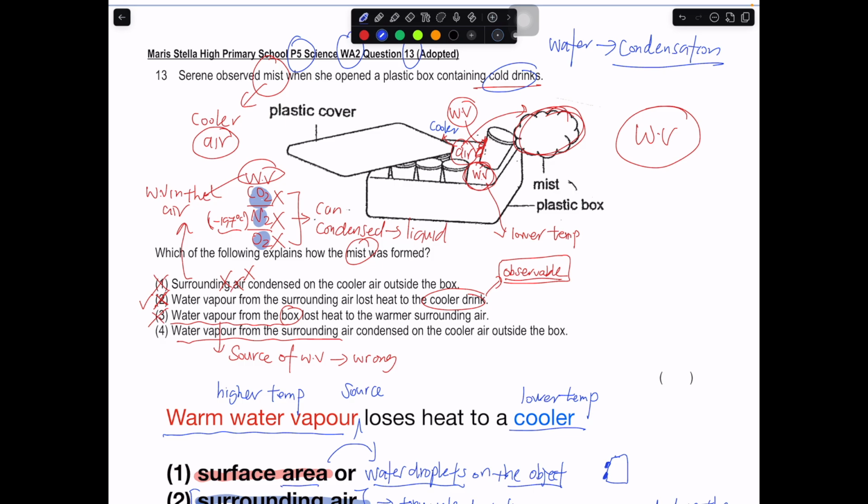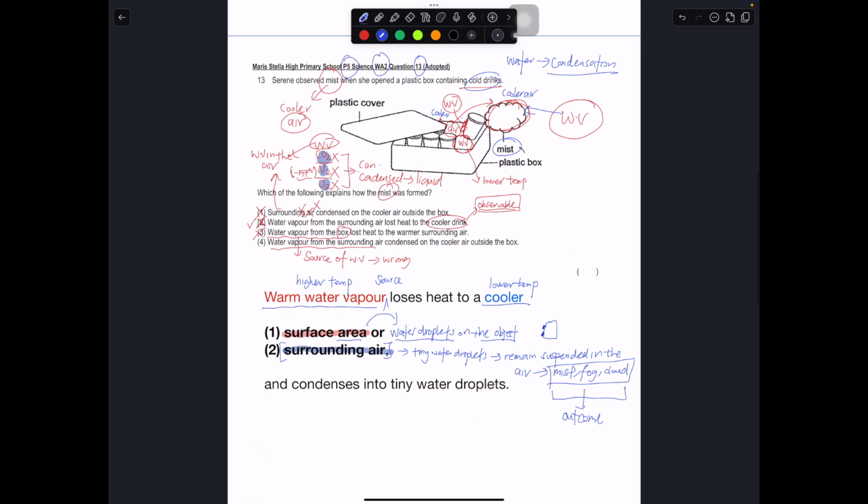The air inside the box must have lost heat to the cold drink, so its temperature drops. When this cooler air outside meets the warm water vapor, the vapor will lose heat and condense, and form tiny water droplets that remain suspended in the air, which is what we observe as mist.